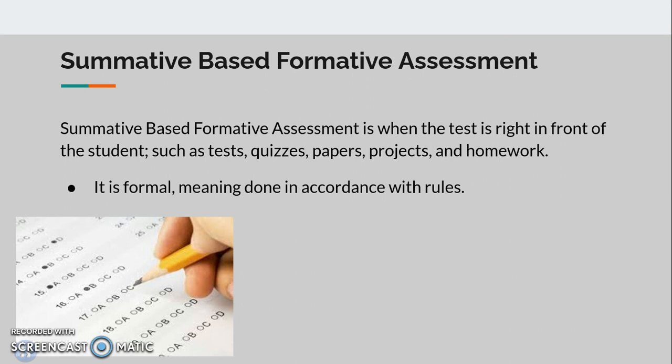Summative assessments. This is when the test is right in front of the student, such as tests, quizzes, papers, essays, projects, and homework. It is formal, meaning done in accordance with rules.